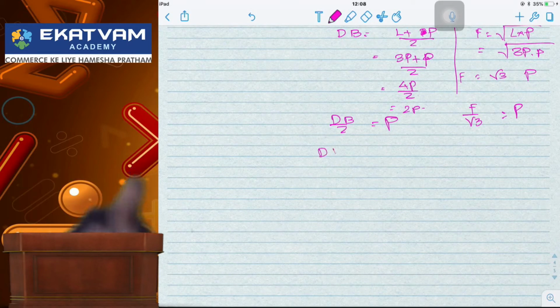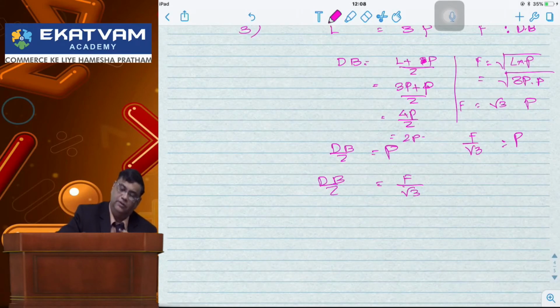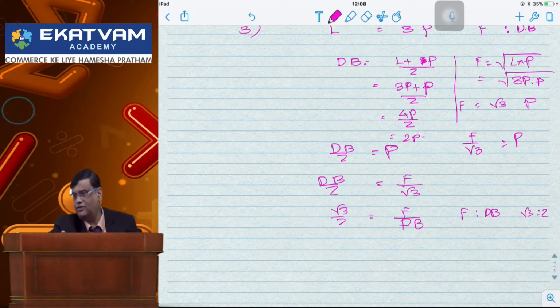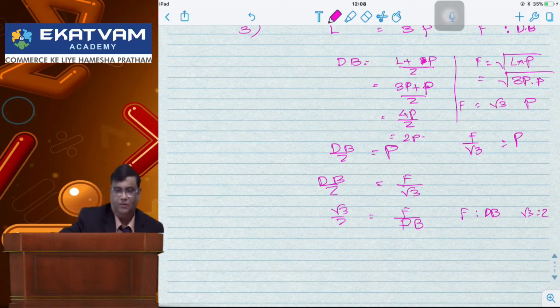Therefore Drobisch-Bowley upon 2 equals Fisher upon root 3, and so Fisher to Drobisch-Bowley, this ratio has to become root 3 is to 2. Values can change. Is that clear?